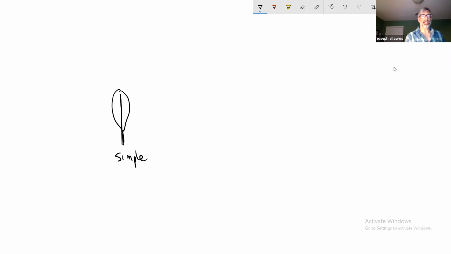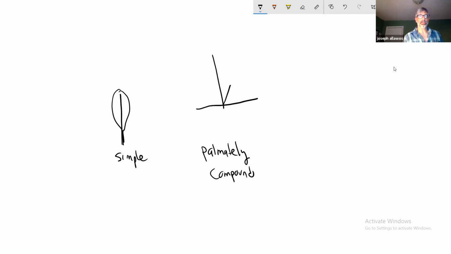You can have a leaf that is palmately compound. And palmately compound, think about like the palm of your hand. It's got these pieces coming off like this. And you know, each one of these might be a leaflet, kind of like this.